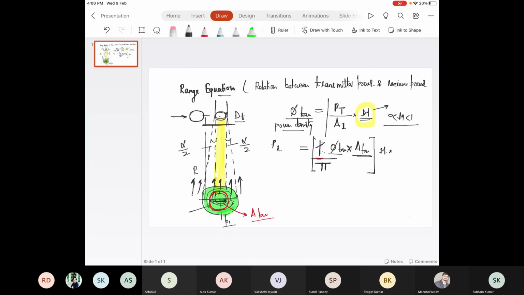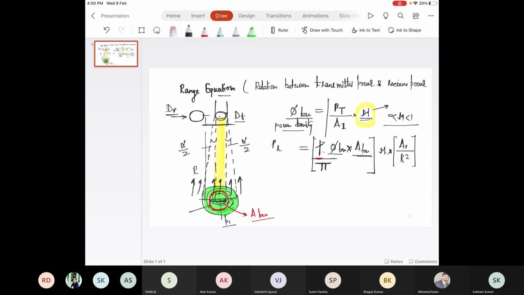That has a size, let's say diameter D receiver. Though we are calculating per unit solid angle, it will be multiplied by the area of the receiver divided by the range r square. So we multiply A r divided by r square.